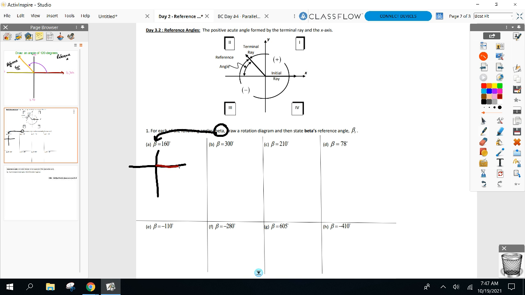So everyone's got 160 going. Hopefully you're drawing the terminal side closer to 90 or 180? 180, good. We're getting good at this. Still need your rotational arrow. If you want, grab your colored pencil right now. See if you can highlight the reference angle with your colored pencil.